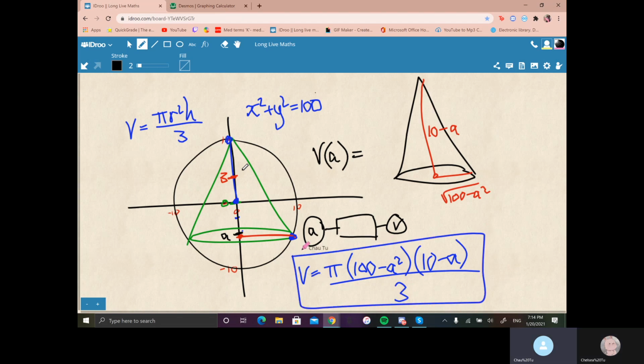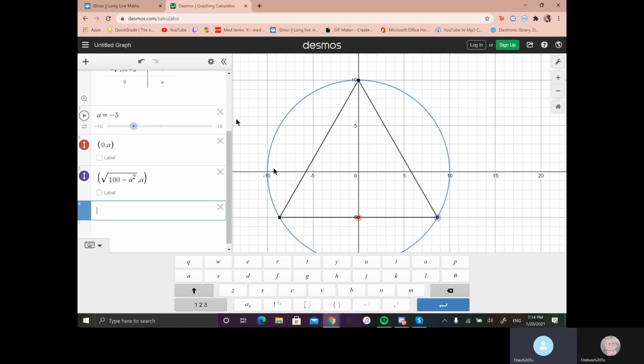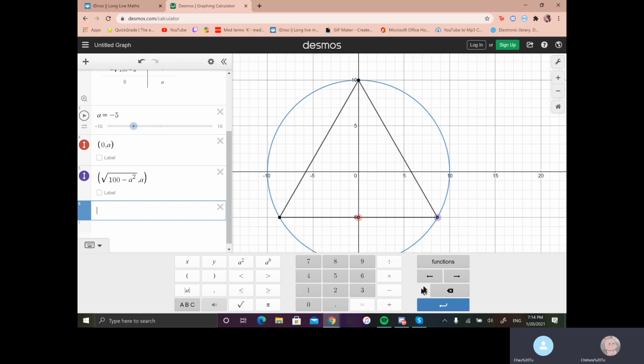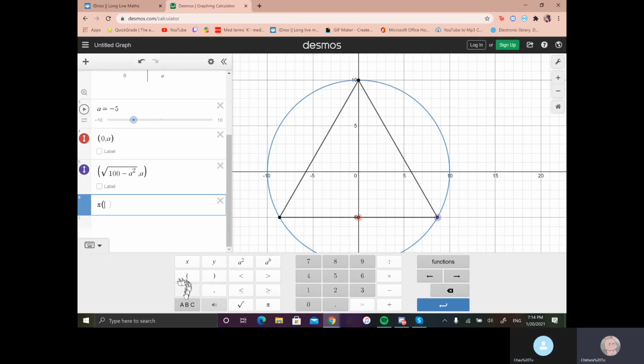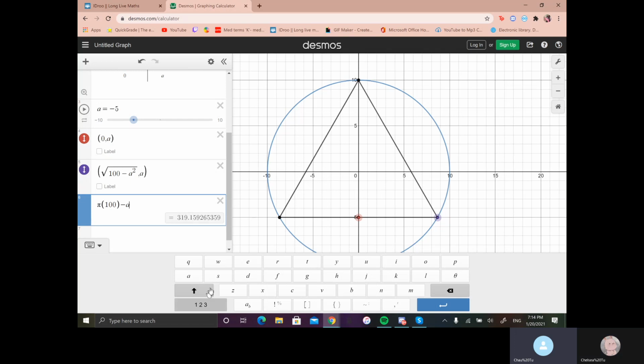So if you punch that into Desmos and then scan A for the biggest volume, for any given A, you can work out the volume.